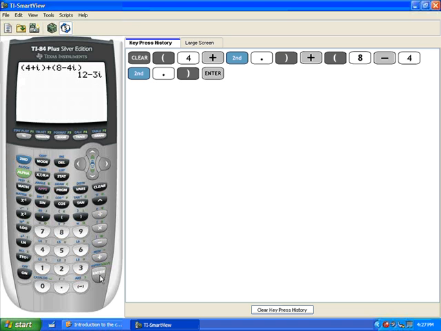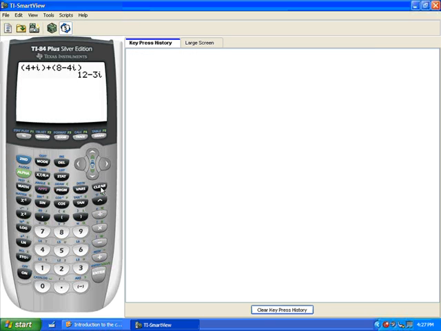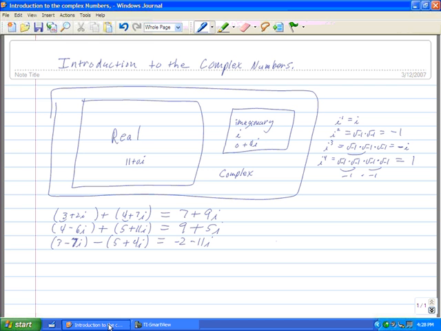Works easily for addition, works easily for subtraction. So remember your i's right here, typed in the way you see it, and the calculator will do a perfectly good job of addition and a perfectly good job of subtraction.